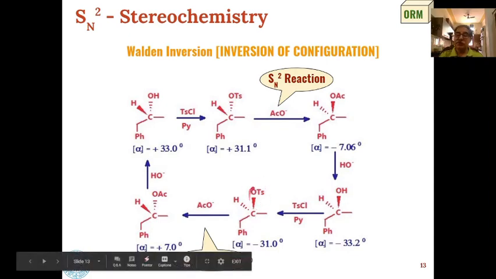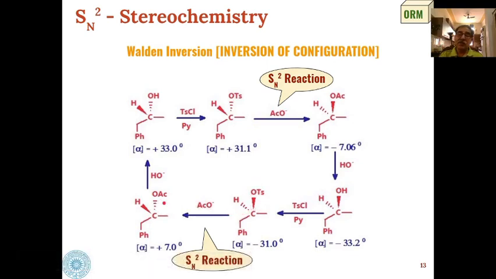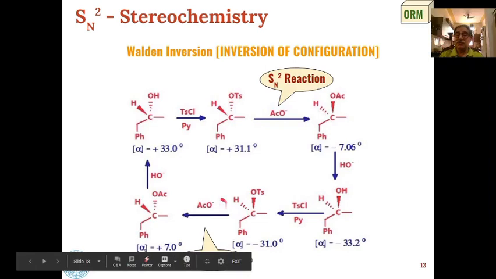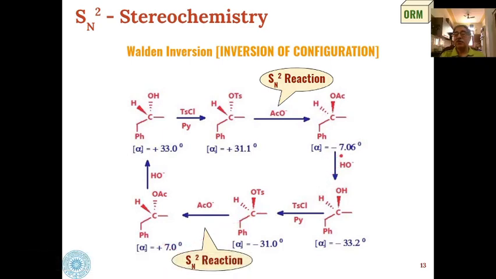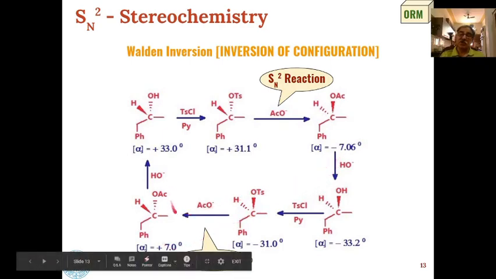So the configuration will again invert, and now here this was beta, the substituent, that is the nucleophile, will be alpha. So this type of acetate will be formed, and the value which we found is plus 7, whereas here it was minus 7.06. So from here to here there is another inversion of configuration which has taken place.